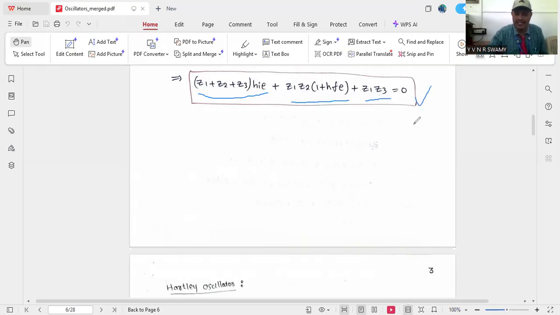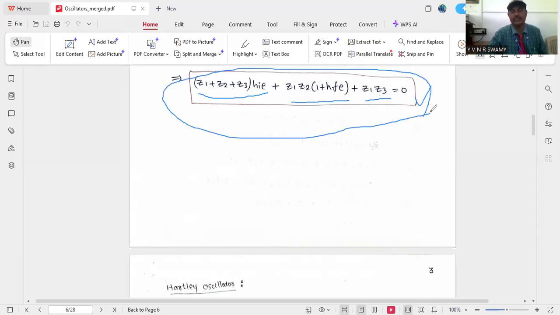So this is the general equation of LC oscillator. Based on LC components, there are two oscillators, those are Hartley and Colpitts. For these two oscillators, for deriving the frequency, we have to use this general equation.